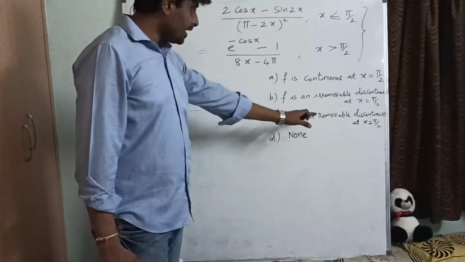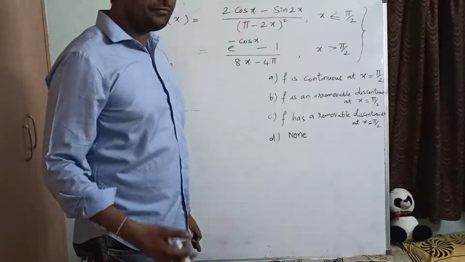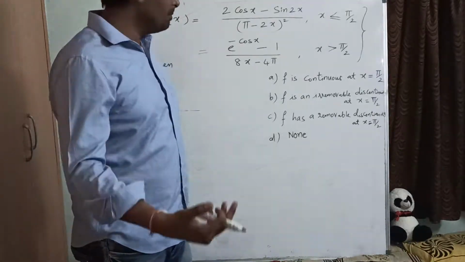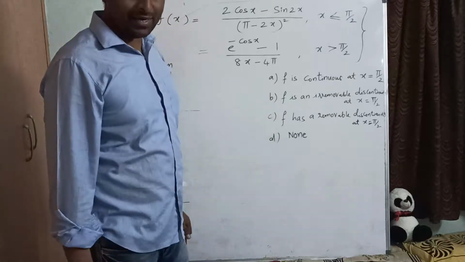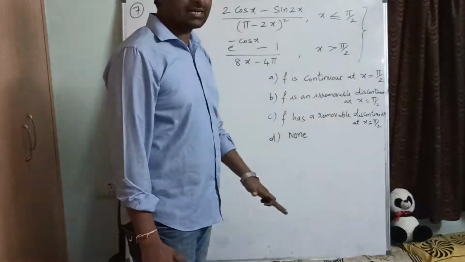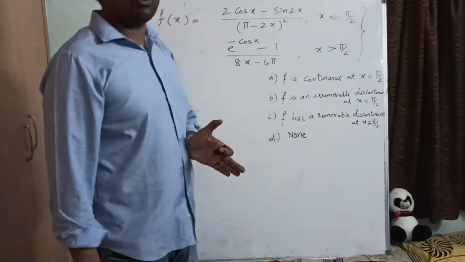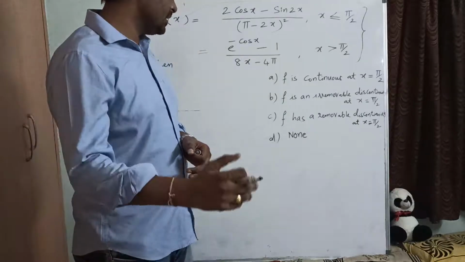Removable discontinuity means LHL equals RHL, but the function value sometimes may differ from those values. But irremovable discontinuity means strictly it is discontinuous, where LHL would not be equal to RHL of the given function.